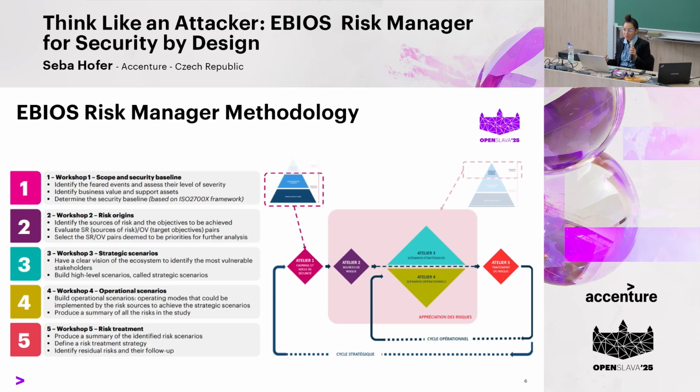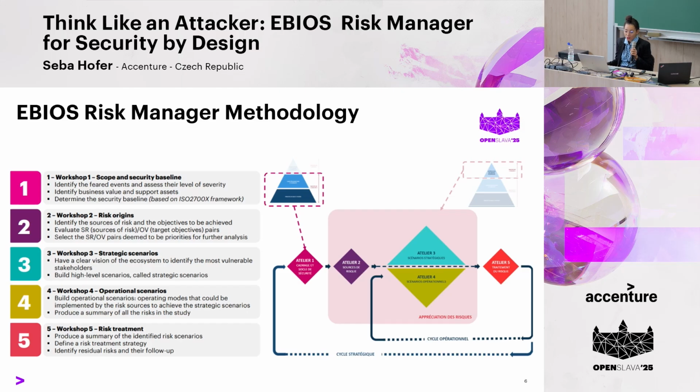Workshop 3 is the one I like the most, because it's where we start discussing the high-level risk scenarios: how can an attacker reach their objectives. It's a lot of brainstorming and I find it quite fun, actually.